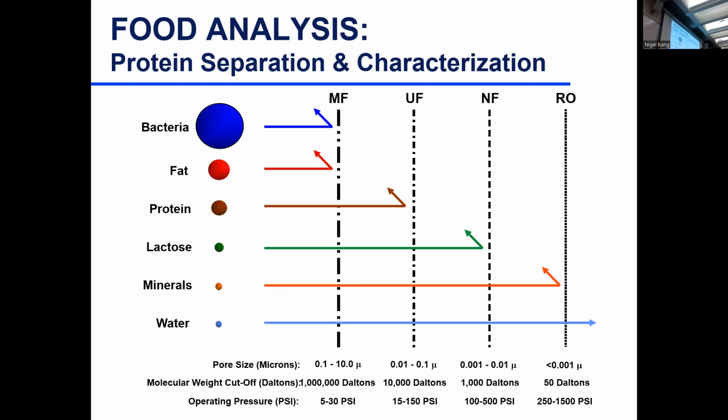It's less than 1 nanometer. So minerals are our retentate and water can pass. So if we want to produce lactose, then we use nanofilter. Protein isolates, ultrafilter. Separate fat from skim milk, microfiltration. Depending on our pore size, we can use them for different applications.